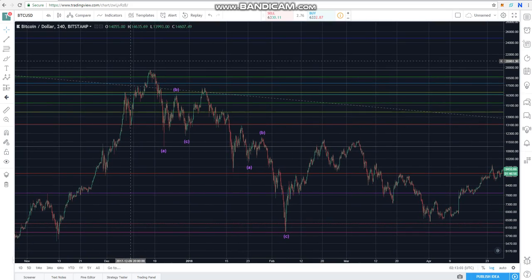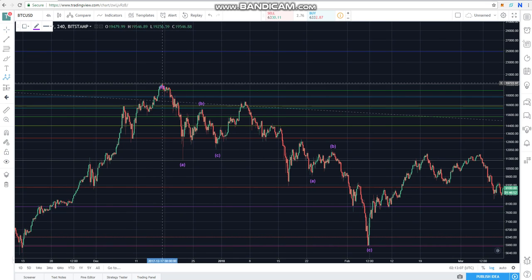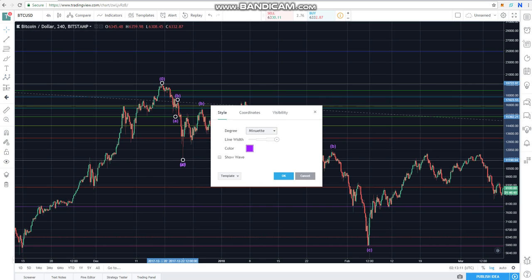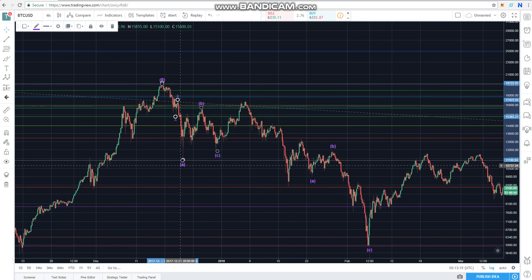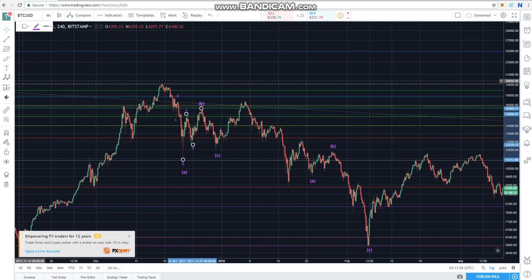The reason why I say this is because this is the ABC. So let's put this as the minuscule, so then it's more clear. And this is the ABC, and this is the ABC.